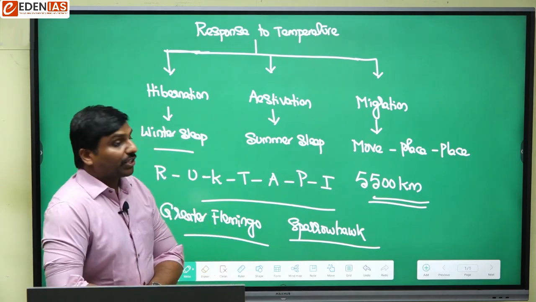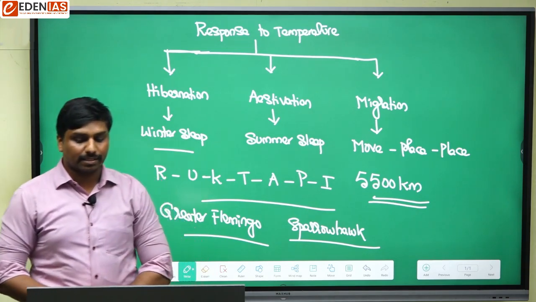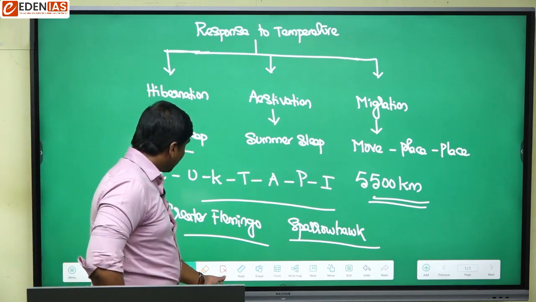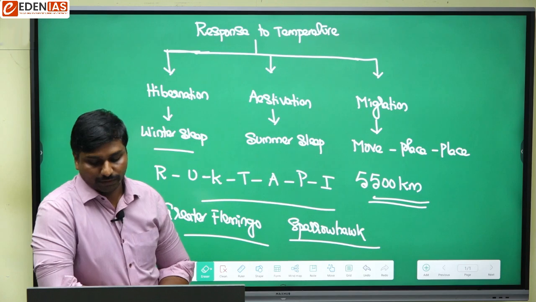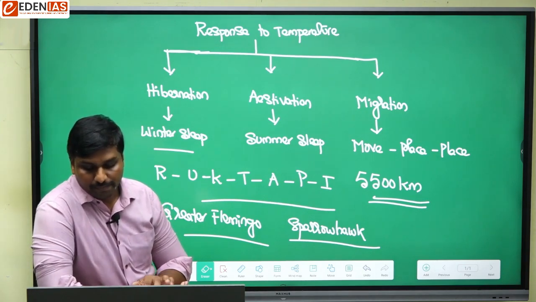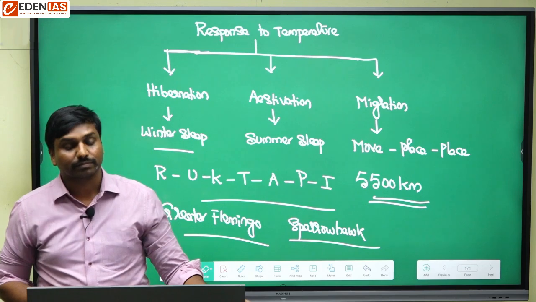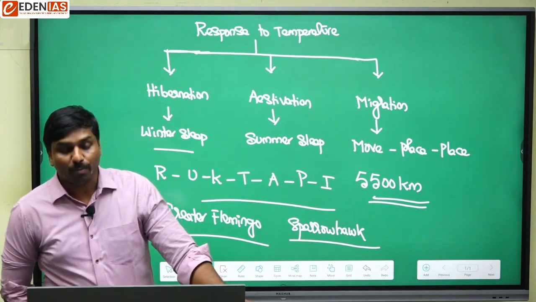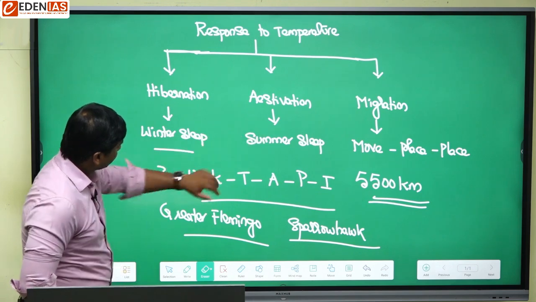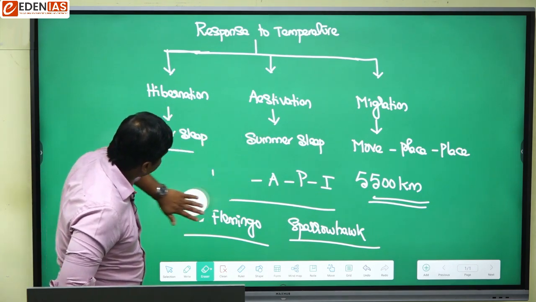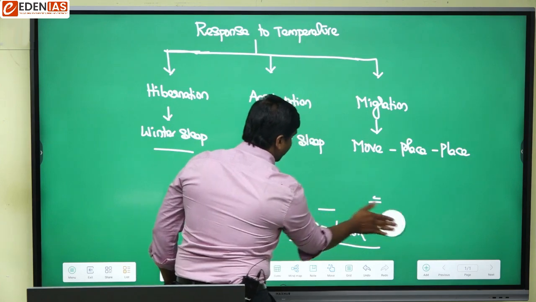Under that first point, estivation is also known as summer sleep, which refers to a state of inactivity or low metabolic process of animals during summers. Okay, so that is one thing.